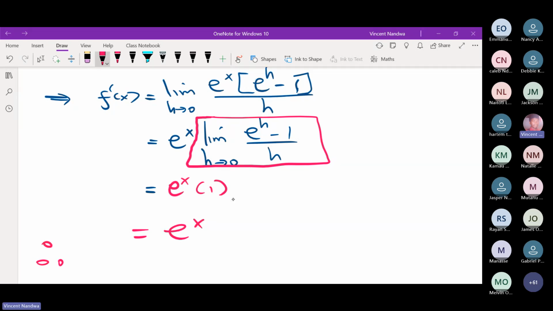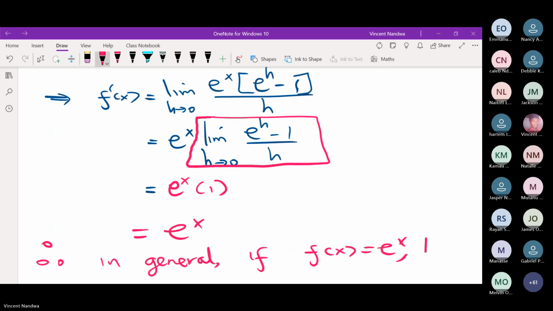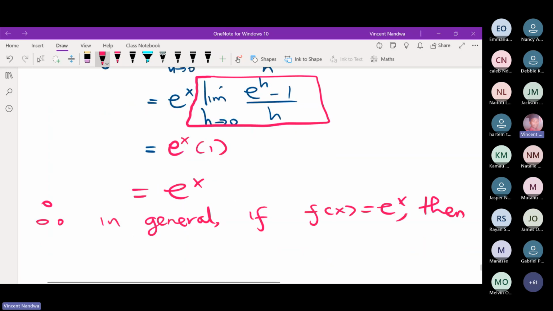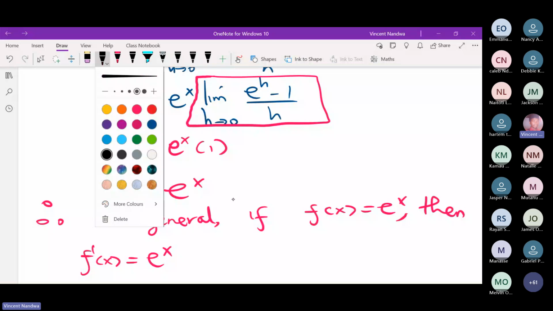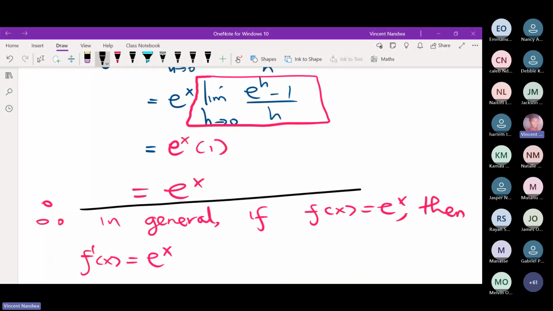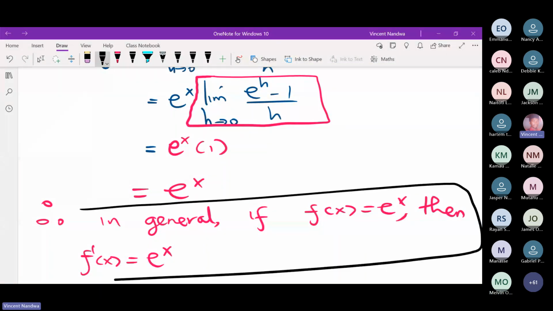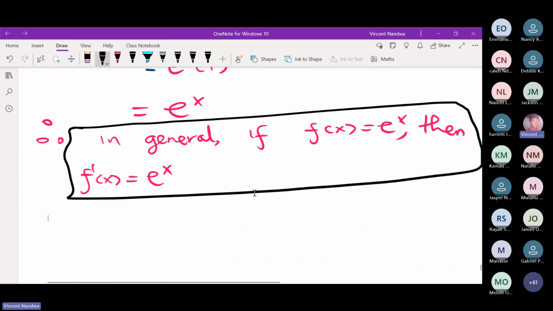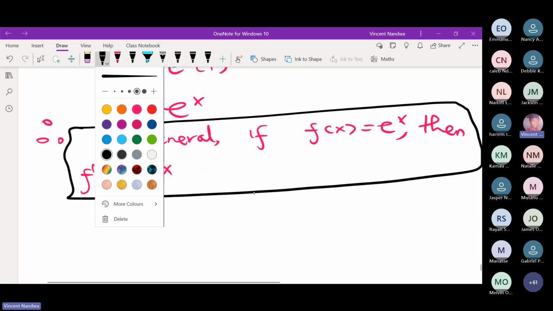So therefore, in general, if f of x is e power x, then f prime of x is also e power x. The derivative of the exponential is the same exponential, so it doesn't change. So if y equals e power x, dy dx is e power x.